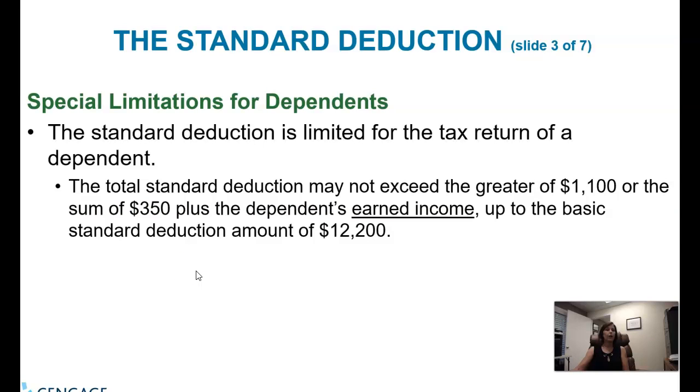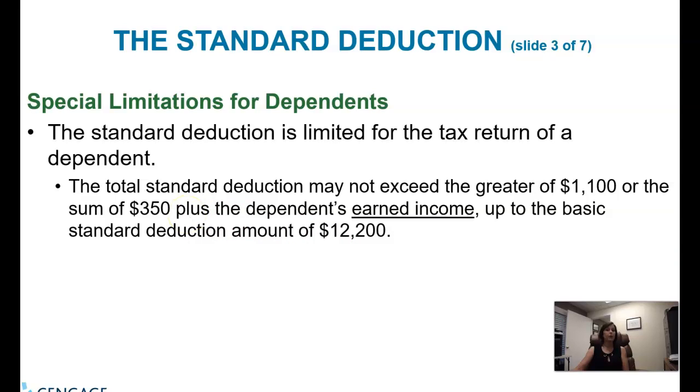And then we talked about dependents early on. So if you've got a child who is a dependent, and mom and dad are claiming them as a dependent on their tax return, but the child has significant earnings and the child has to file a return, what does the child get to take for a standard deduction? Well, the child can't take that $12,200 that would otherwise be available to a single taxpayer.